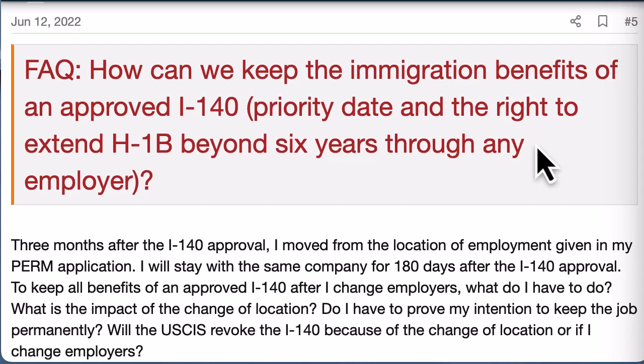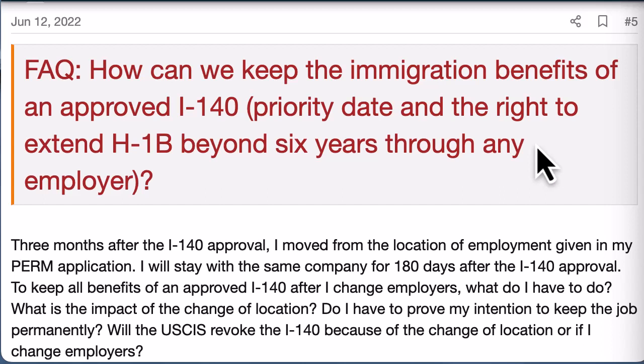It can only be revoked if there is fraud, misrepresentation, or some gross error in your paperwork for the I-140 approval. So the moment the I-140 is approved, the priority date is your property. You can leave this employer, go somewhere else. You'll have to start the green card all over again, but you keep that date.